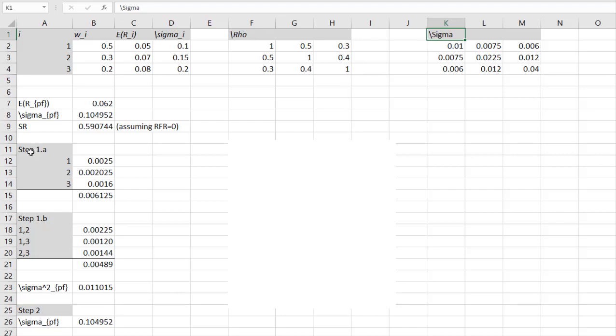Let me now address step 1a, where we had to calculate for every constituent wi squared times sigma i squared. I did this here for asset 1. This is the result for asset 2, W2 squared times sigma 2 squared, and here's the result for asset 3.